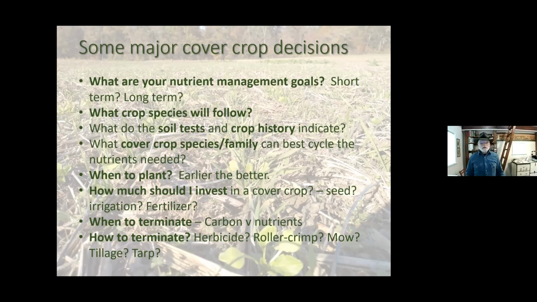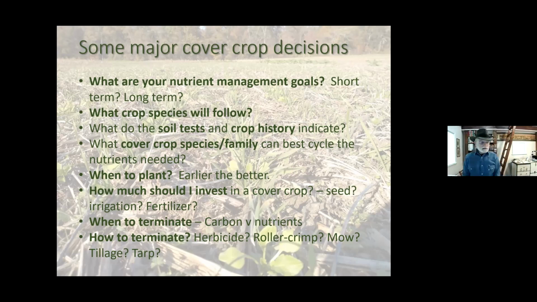Then we get into the issues of when and how to plant. When to plant is a hugely important thing. Just saying you have a cover crop doesn't mean much. It really depends on what you planted, and when you planted it is probably at least as important as what you plant. So there's no sense wasting money on good cover crop seed and then planting it late. There's also a question of how much do you want to invest in a cover crop.